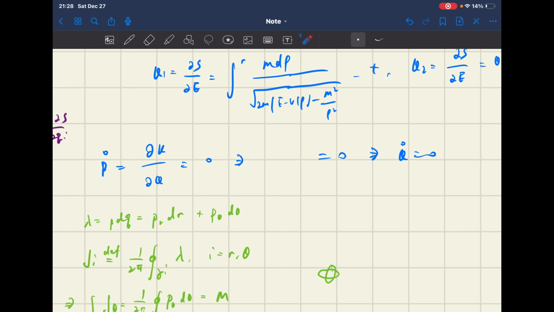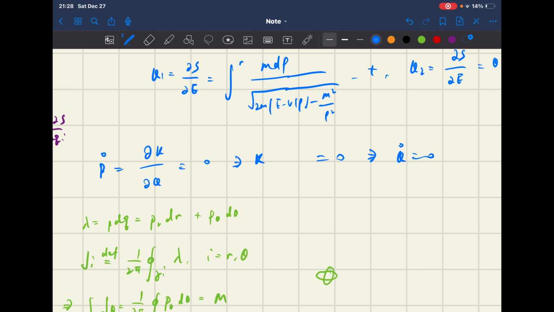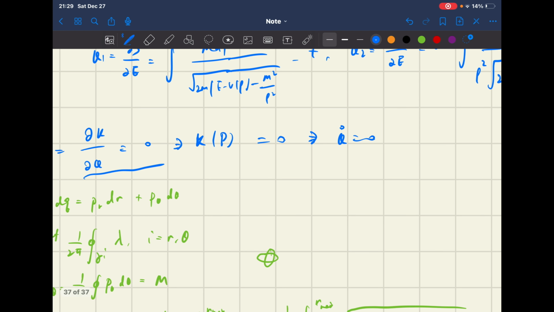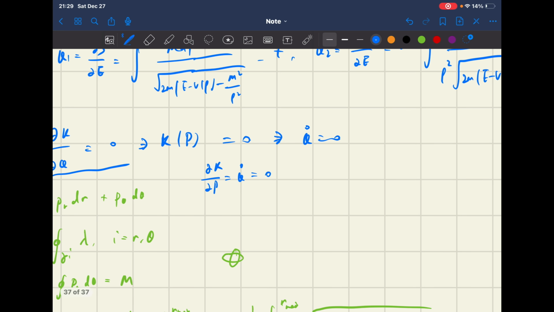What would this bring us? It means that the new Hamiltonian function K will depend solely on the P's, since its partial derivative over partial of Q is equal to 0. And since this is 0 as well, the partial of K over partial of P, which is equal to the derivative of Q, will be 0 as well.